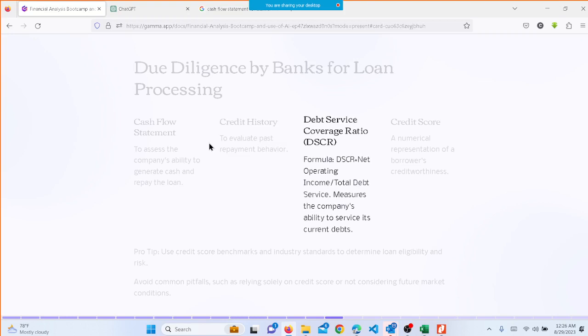Debt service coverage ratio is whatever the operating income of the company is, divided by the existing debt services. The debt services means the repayment of principal and repayment of interest.